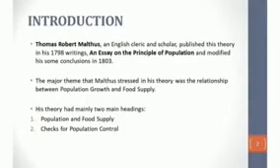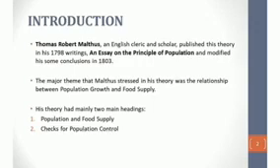Thomas Robert Malthus, an English cleric and scholar, published his theory in 1798 in an essay titled Essay on the Principle of Population as it affects the future improvement of society.